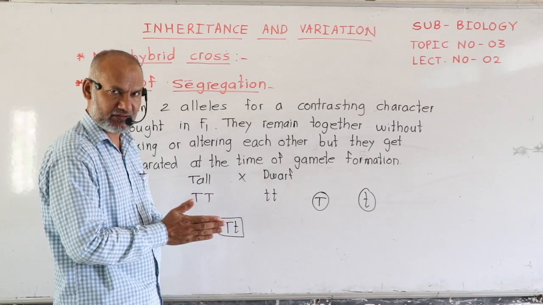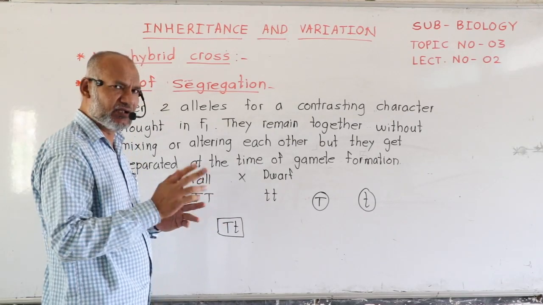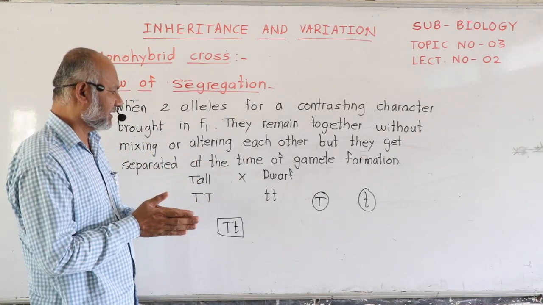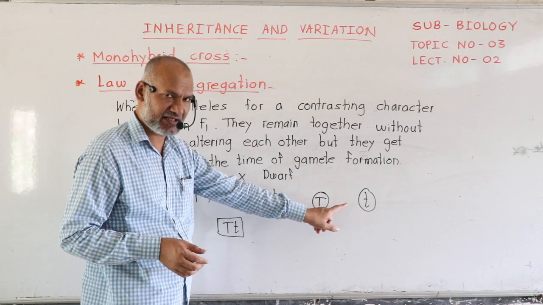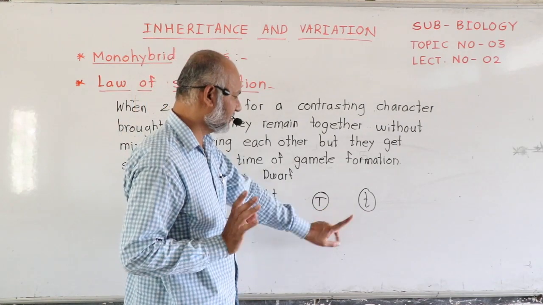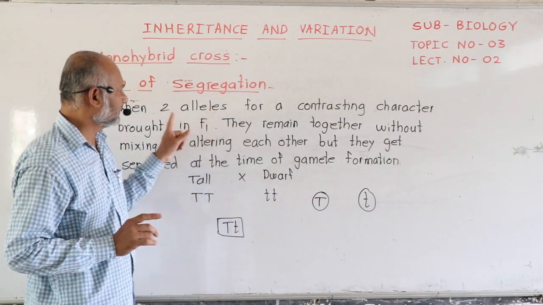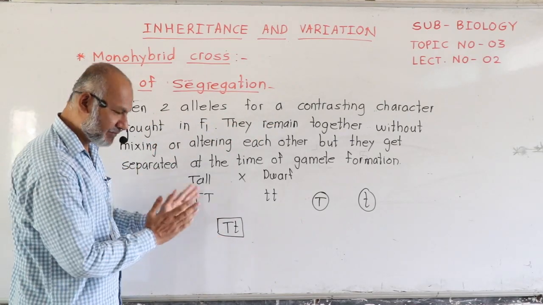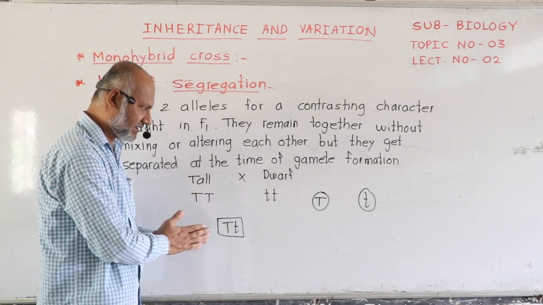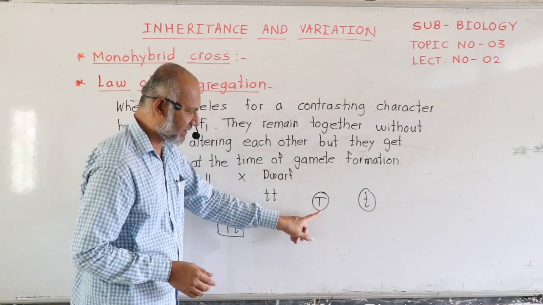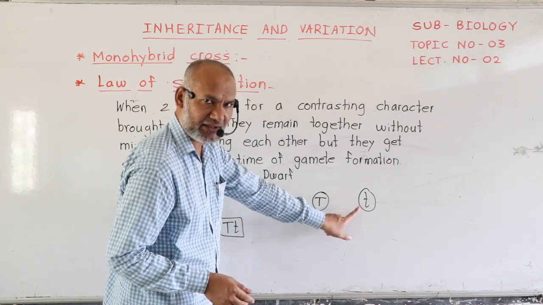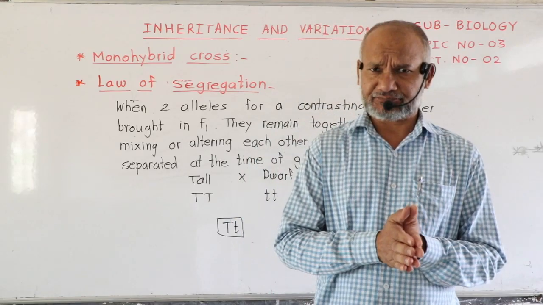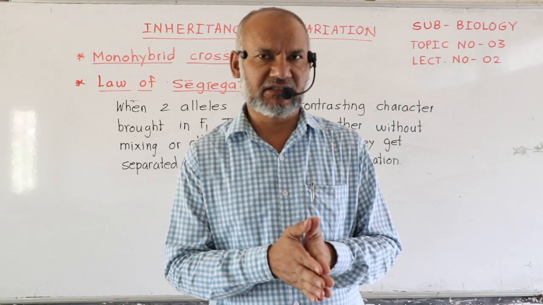Two alleles for a contrasting character brought together in F1 remain together without mixing or altering each other, but they separate or segregate at the time of gamete formation. Now these separated alleles can come together in the F2 generation, and there is a reappearance of dwarfness, and the reappearance of dwarfness proves the law of segregation.